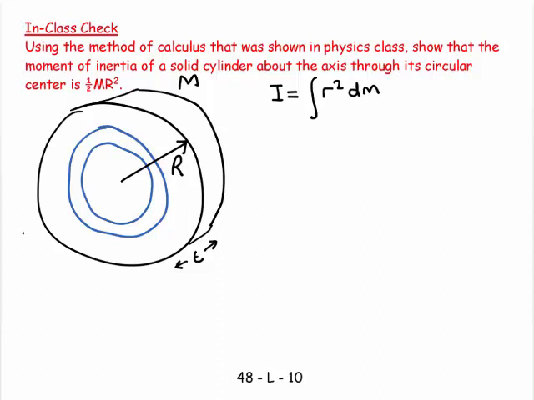So I don't know how to do that. How do I do the integration of r squared with respect to dm? I have to do the conversion.